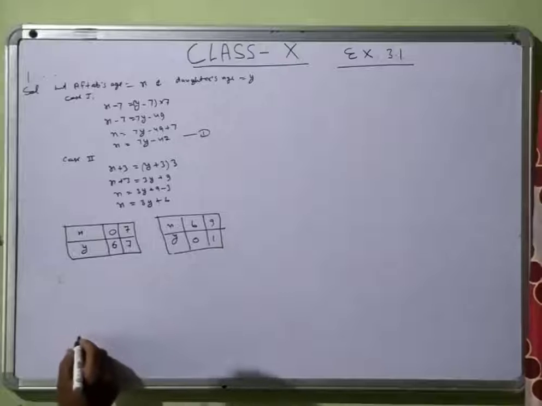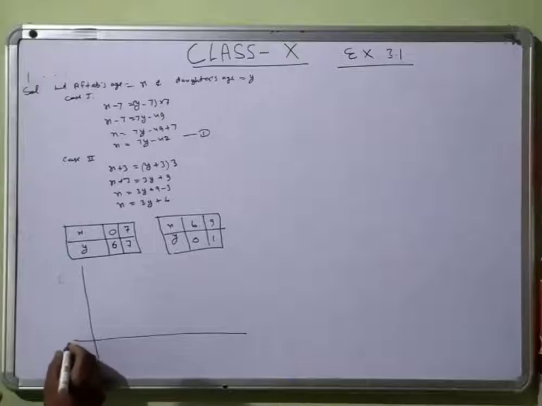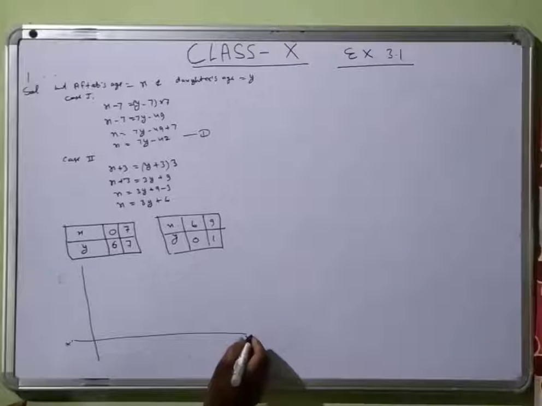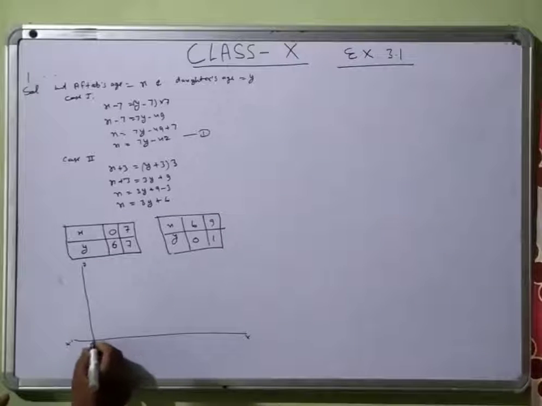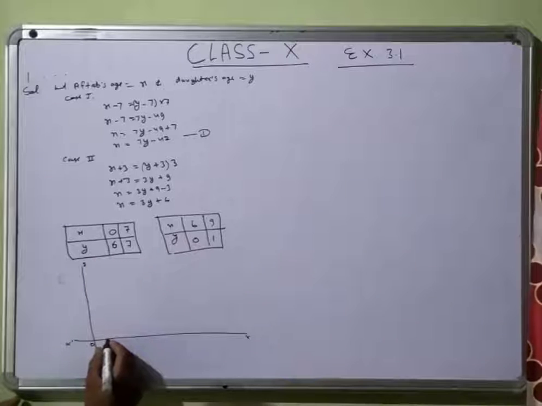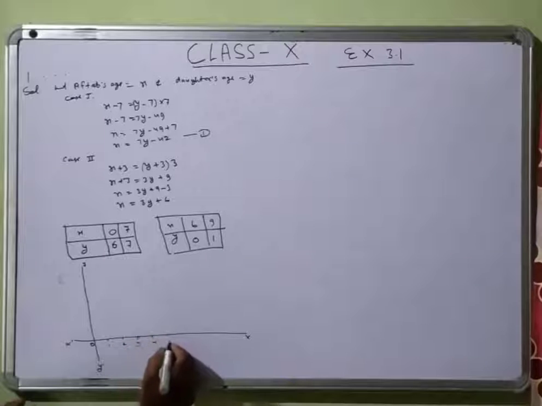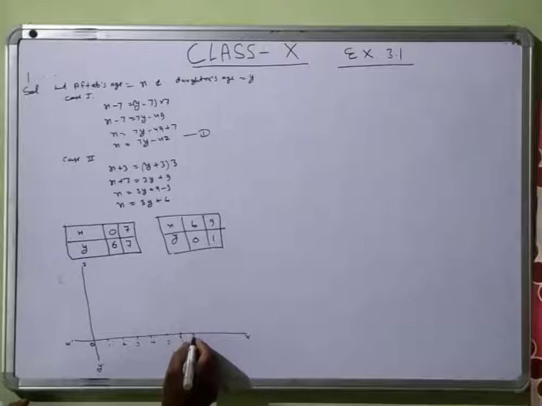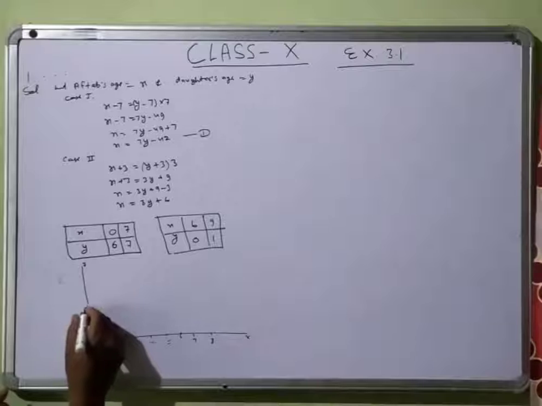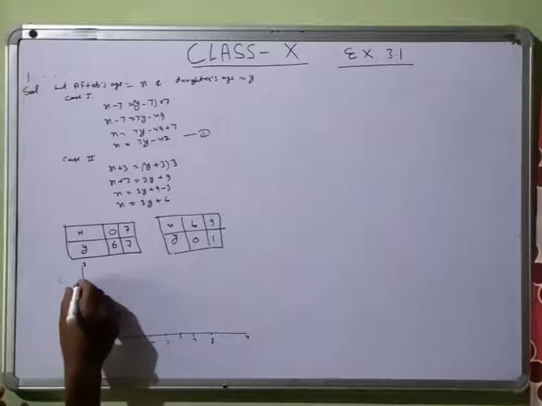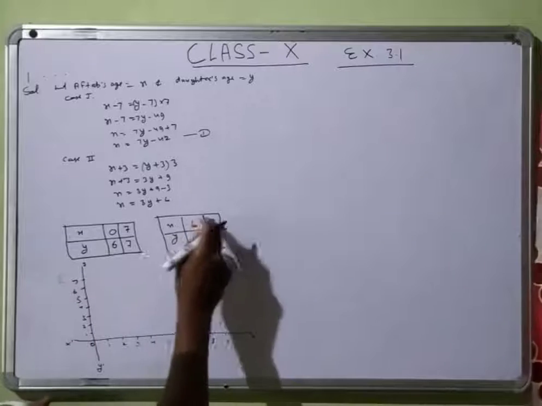Now the graph. This is the x-axis, this is the y-axis. 0. Minus is not here, so no need to write the minus. 1, 2, 3, 4, 5, 6, 7, 8, and 9 also, because 9 is there.